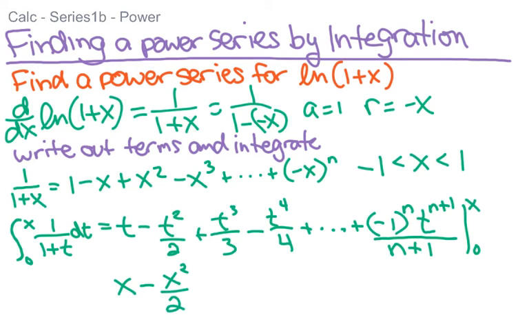I could have just written them as x's, but I'm trying to follow the rules for you, that if we were to take the integral from 0 to t of 1 over 1 plus t, that would just be one number. It doesn't vary.